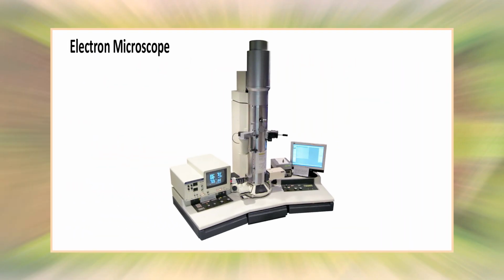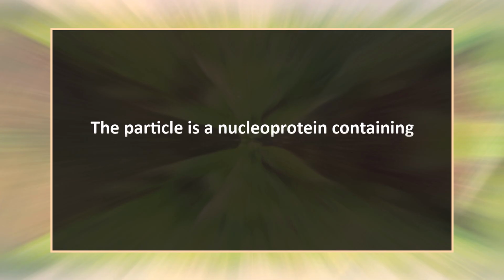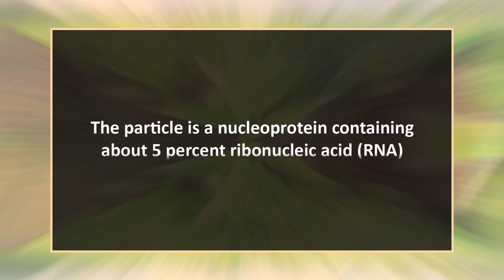The internal structure of tobacco mosaic virus has been determined largely by X-ray analysis, aided and confirmed by electron microscopy. The particle is a nucleoprotein containing about 5% ribonucleic acid (RNA).